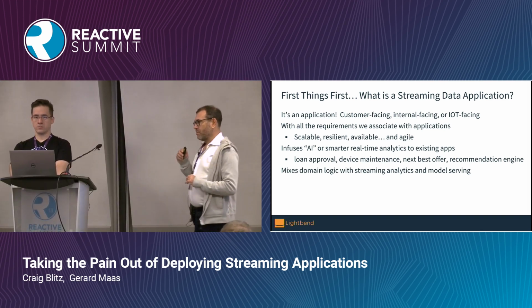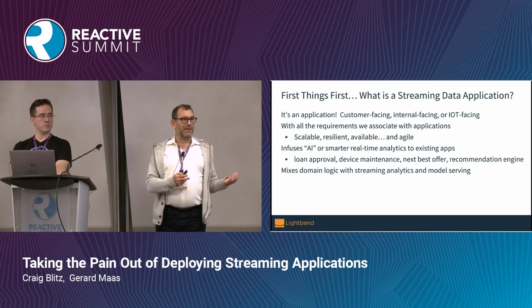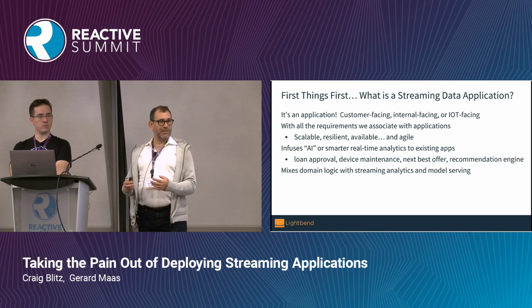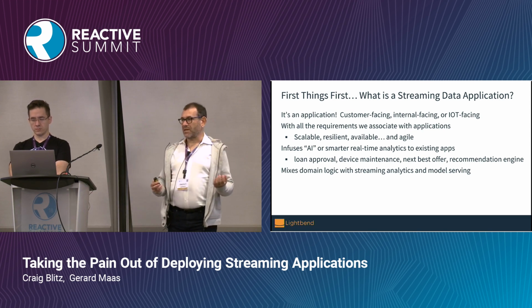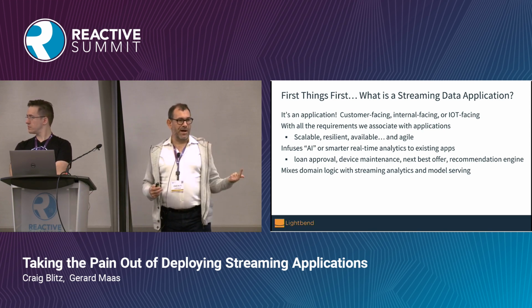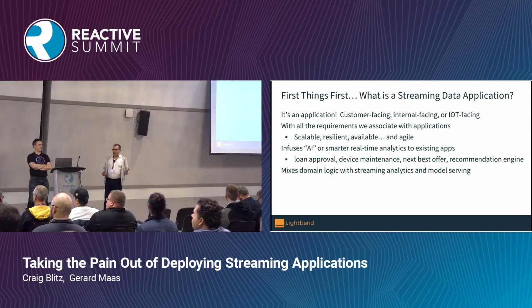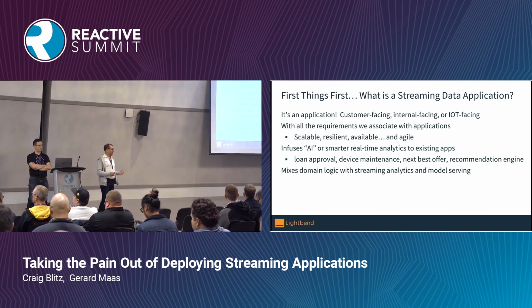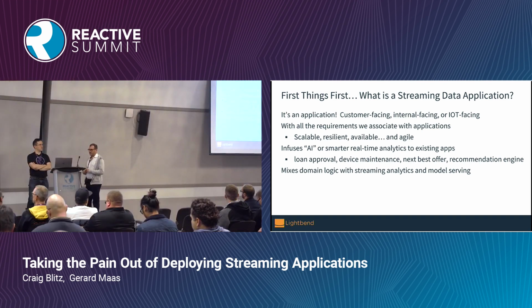That is, we're building applications that are then being infused with streaming analytics or with model serving, but they have all of the same requirements that any application has. They have to be scalable, they have to be resilient, they have to be always available. And one other thing that we frequently forget, they have to be agile. You have to be able to introduce new functionality fairly easily, and you need to be able to rev these in production, right? So you need to think about all of this stuff.